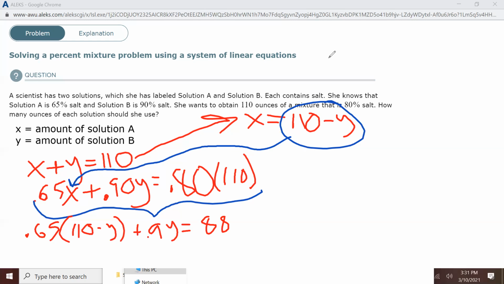So now it's time to solve for y, and we should get rid of the parentheses.